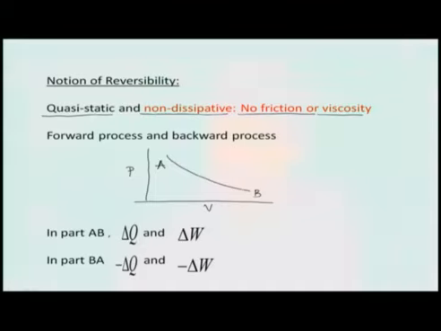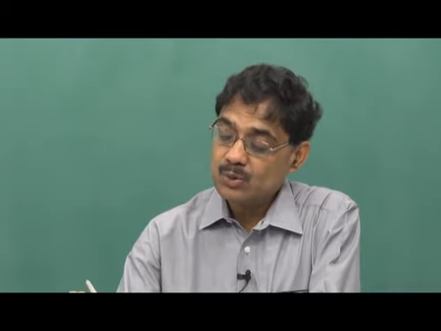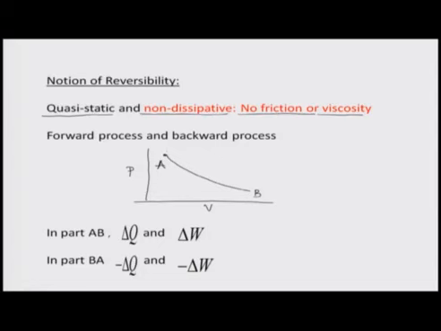Those imply the initial values Pi, Vi, Ti, that is P1, V1, T1, and P2, V2, T2, which is B. So, this is my forward process, let us say. The forward process takes me from P1, V1, T1 to P2, V2, T2.